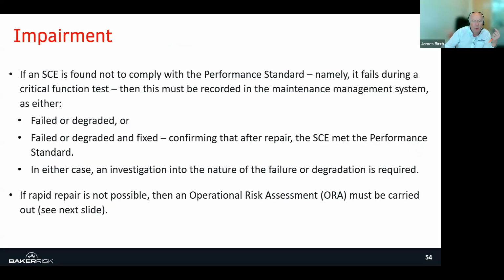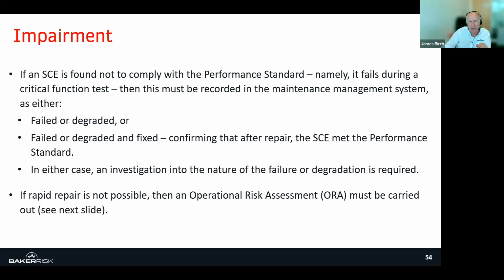So on that question of we find the problems, what are we going to do when they happen? So let's talk about the impairment, whether impairment means failure or impairment means partial performance of an SCE. It is a major problem. SCEs are critical in the safety of our plants, so we have to address this rigorously, robustly.